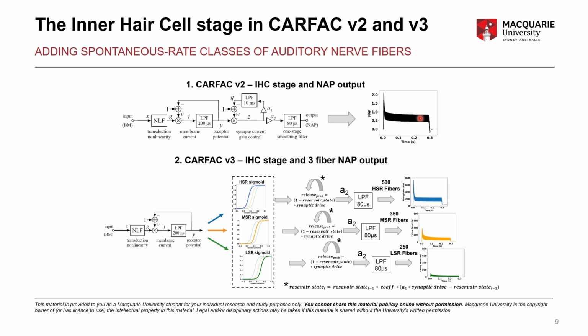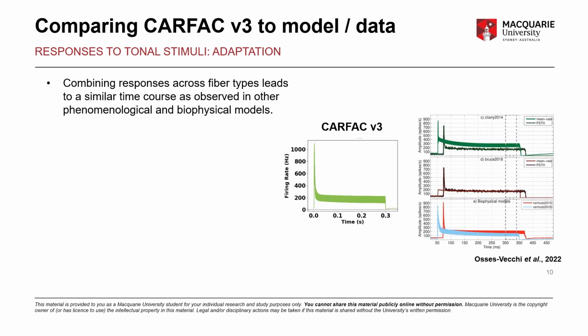As above, this is for a 40 dB 4 kHz tone, showing how the high spont rate fibers at the top respond more prominently than the low spont rate fibers at the bottom. While the inner hair cell stage has changed drastically, the resulting data still compares well to both other models and electrophysiological data.